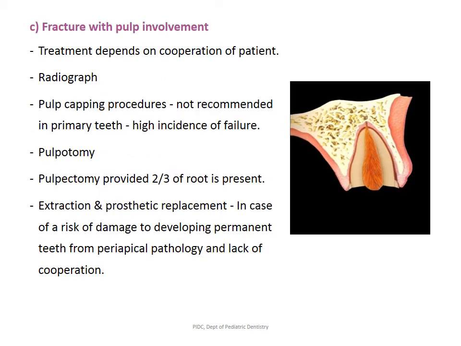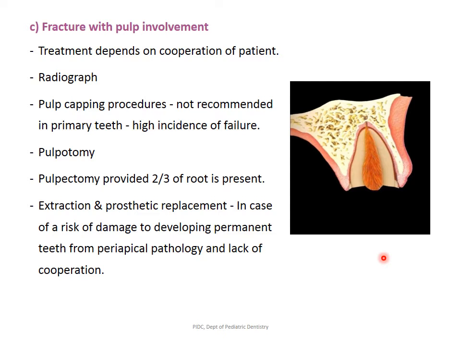If the fracture fragment is involving the pulp, as you can see here, with pulpal exposure, the treatment largely depends upon the patient's cooperation. We need to take a radiograph first to see if it is only involving the coronal part and not the radicular portion.